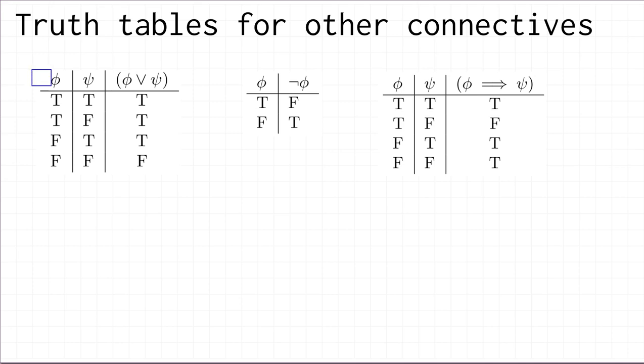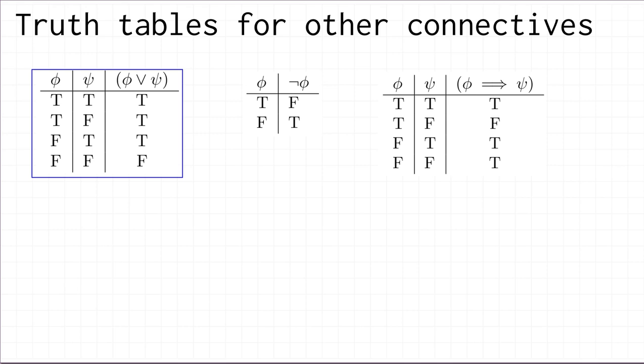So here is the truth table we use to give truth values to well-formed formulas which have an OR in them. And of course, the ordinary meaning of the word OR is that if I say A is true or B is true, then I mean that at least one of A and B is true.